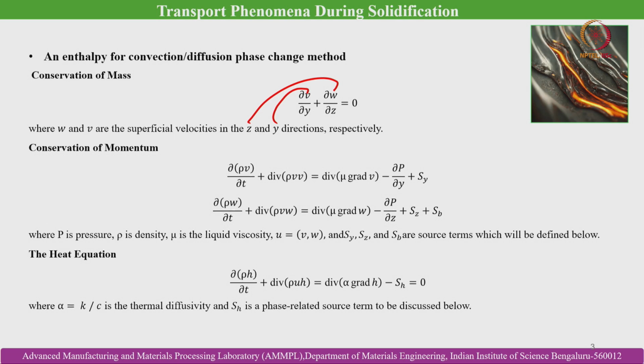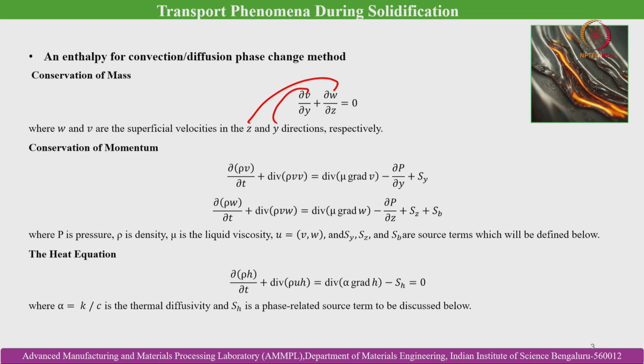And then the conservation of momentum. The standard form is del del t of rho v, where v is the velocity, plus divergence of rho v v, is equal to divergence of mu grad v minus del p del y, where p is the pressure, plus sy, the source term. This is for the y direction momentum, and the z direction momentum can be expressed as del del t of rho w plus divergence of rho v w, that is, rho times the y velocity times the z velocity, is equal to divergence of mu grad w minus del p del z, the pressure variation in the z direction, plus sz plus sb.